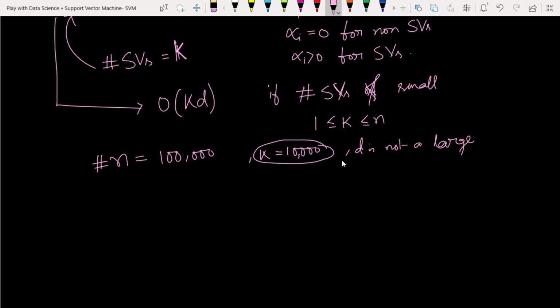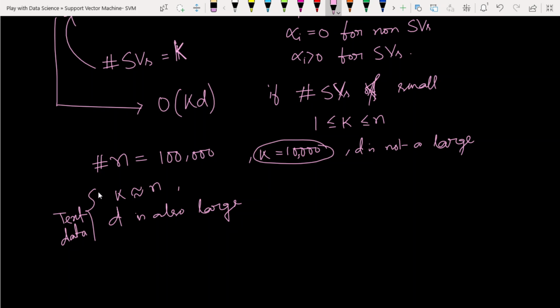But if k is approximately equal to n, and for a text data set the dimension d is also large, we see this kind of thing in text data sets.